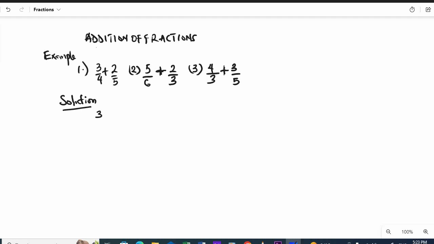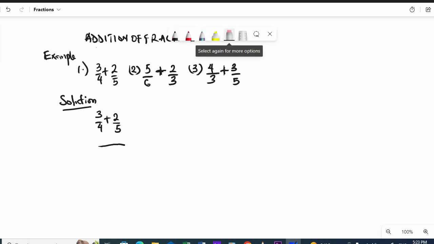Now, 3 over 4 plus 2 over 5. So the first thing we want to do here is to find the LCM of 4 and 5, as we have done in the previous sections of the lesson. Okay, so the LCM of 4 and 5 is 20.